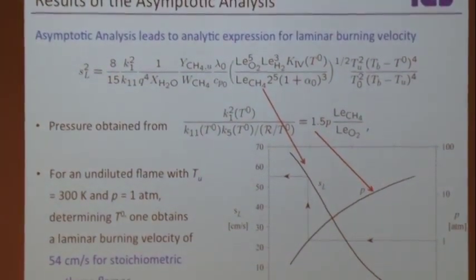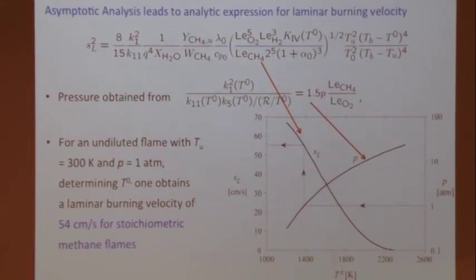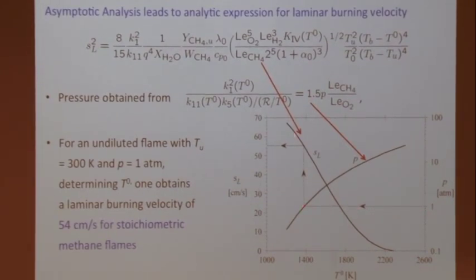So what you can do is you fix the pressure, let's say here 1 bar, 1 atmosphere, and then with the second equation, you can compute the inner layer temperature, here maybe 1400 Kelvin, and then with this equation, given the inner layer temperature, you can compute SL, which here, for stoichiometric conditions, is 54 centimeters per second.